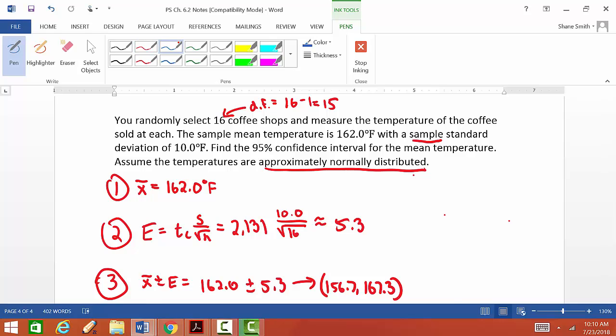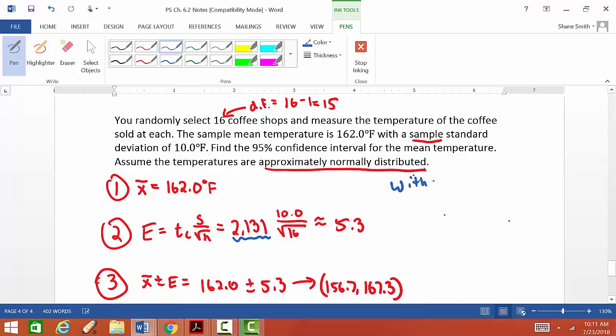All right, so really the only difference in the steps is this t-score, right? This t-score is different because we have a sample standard deviation, and we're using 2.131 again because we looked that up in the chart with the 95% confidence and 15 degrees of freedom.